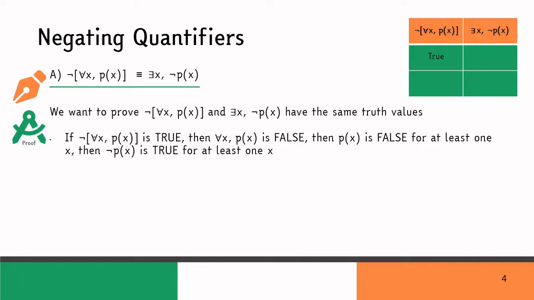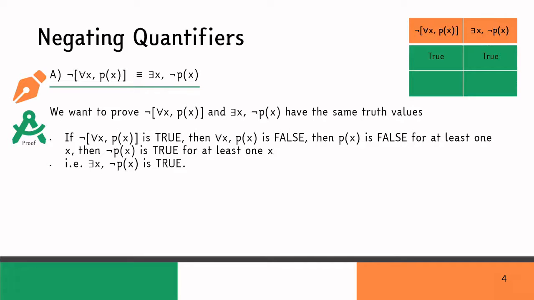This also means that p of x is false for at least one value of x. Negating both sides of the equation, we can say negation of p of x is true for at least one value of x. Or mathematically, there exists x such that the negation of p of x is true.